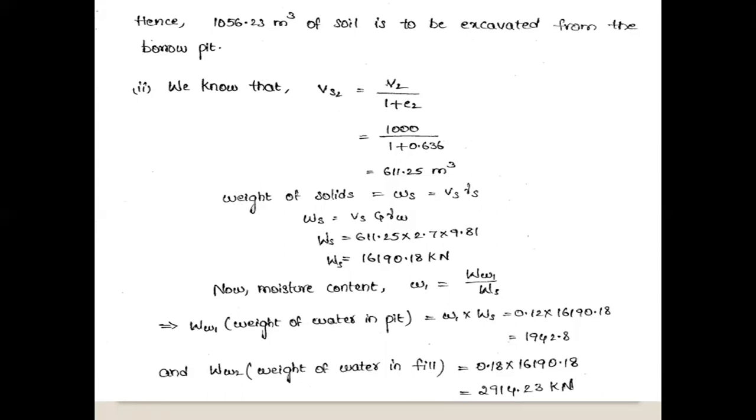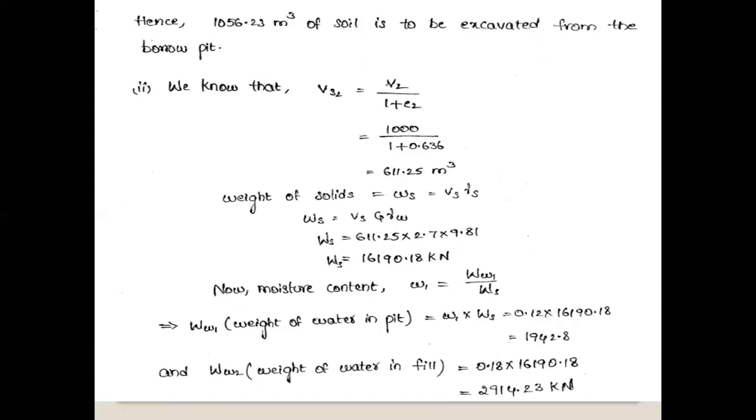So the total volume is 1000 cubic meters divided by 1 plus the void ratio in the second portion, 0.636. Substitute 1000 divided by 1 plus 0.636. Then the volume of solids is equal to 611.25 cubic meters.